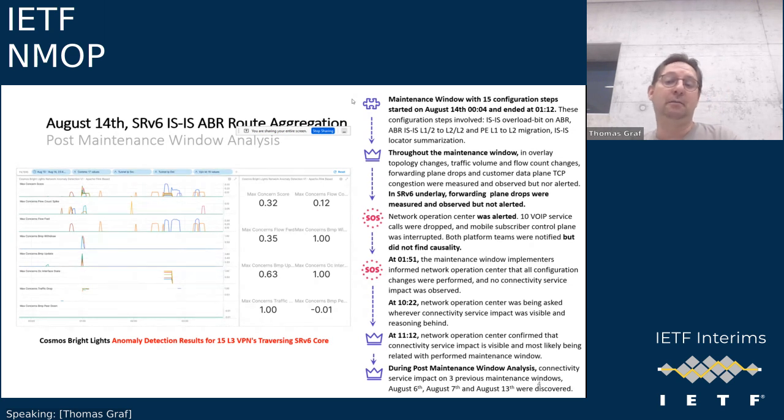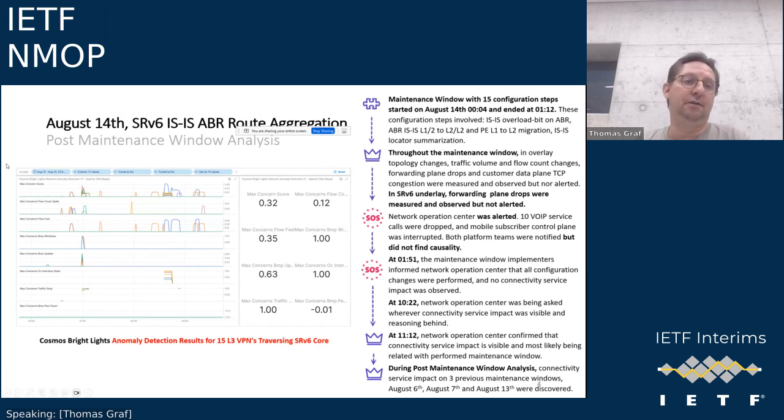A little bit later, through researching what had changed in the network, the Network Operations Center concluded that most likely the impact on those applications was due to the configuration changes in the SRv6 core. And shortly after, we started the post-mortem process, where we investigate the causality from a network analytics perspective.